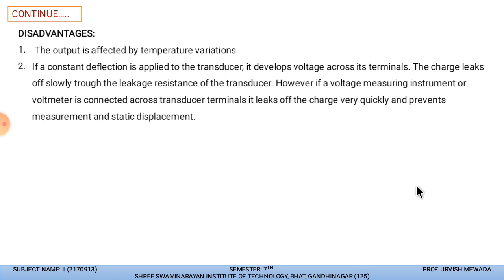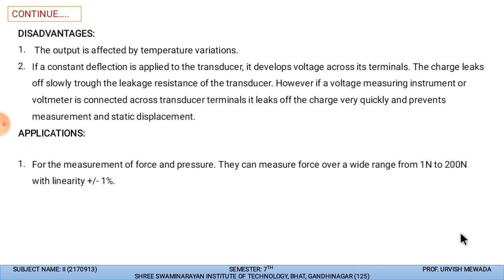And if a constant deflection is applied to the transducer, it develops a voltage across its terminals. The charge leaks off slowly through the leakage resistance of the transducer. However, if a voltage measuring instrument or voltmeter is connected across the transducer terminals, it leaks off the charge very quickly and prevents measurement of static displacement. So these are the disadvantages of the material.